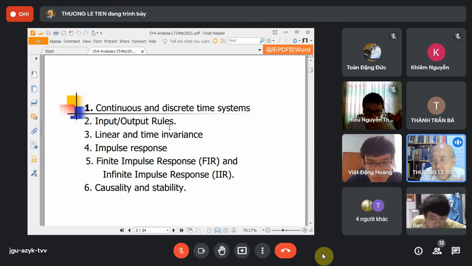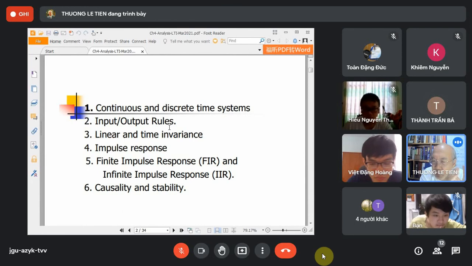You know the basics about linear and time invariance. Here I just remind you again how we can check the linear and time invariance properties of a system.